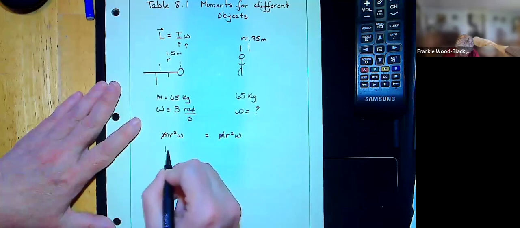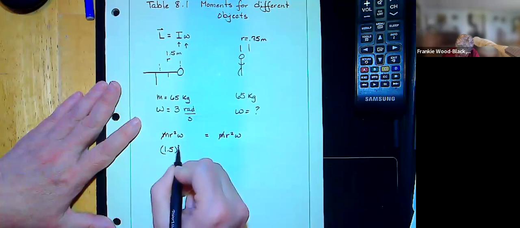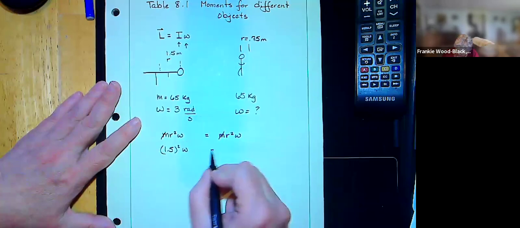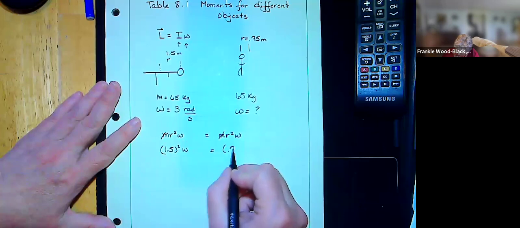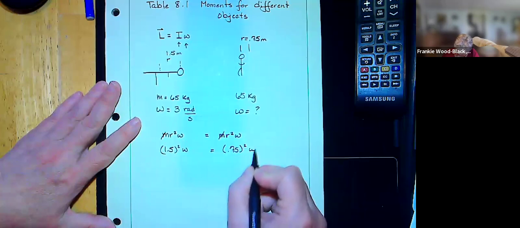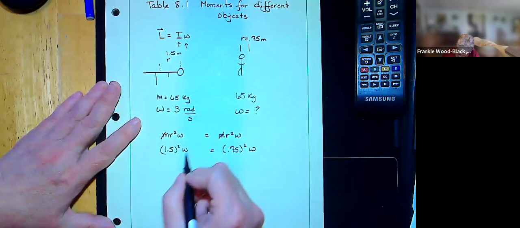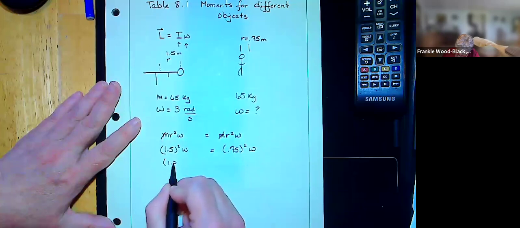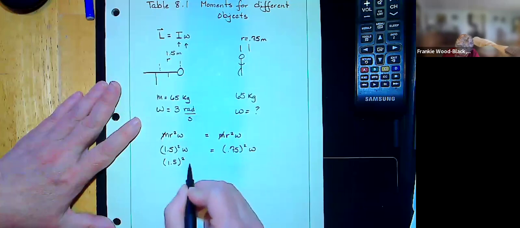This one has my 1.5 squared omega is equal to my 0.75 squared omega. We know what this one is. This one's 3 radians per second.